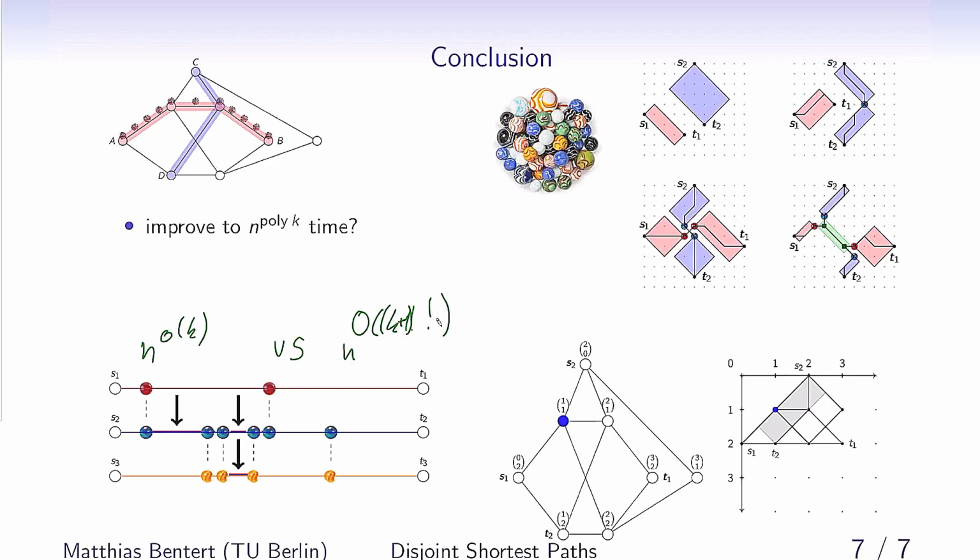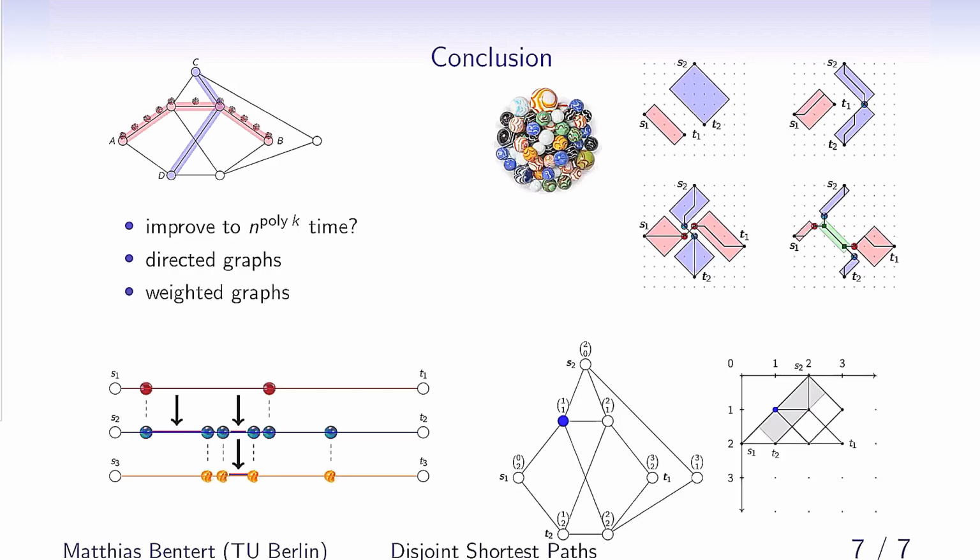So there's quite a huge gap, and whether something polynomial in k is somewhere in the middle is possible, we don't know. Then our approach does not work for directed graphs, so there a completely new approach is needed. So this is an interesting open problem.